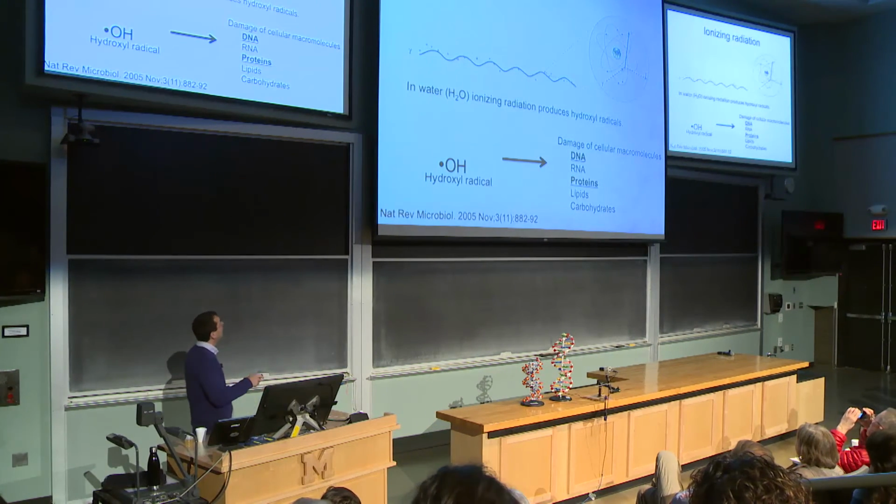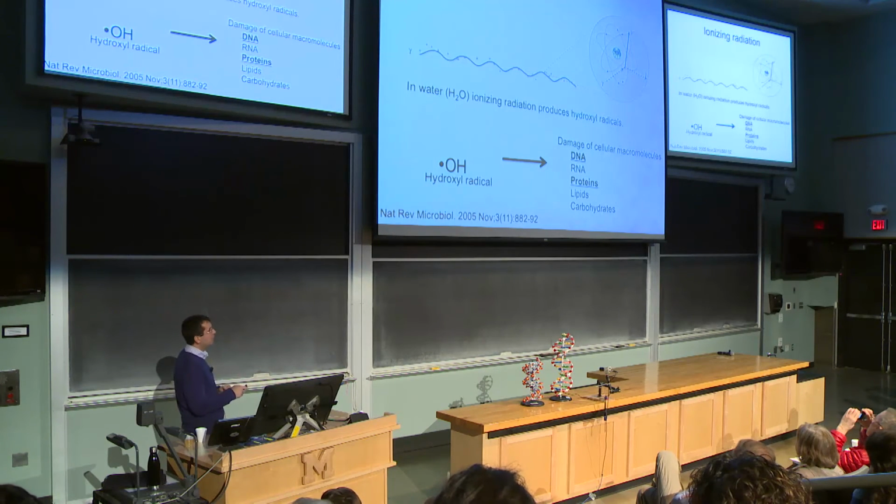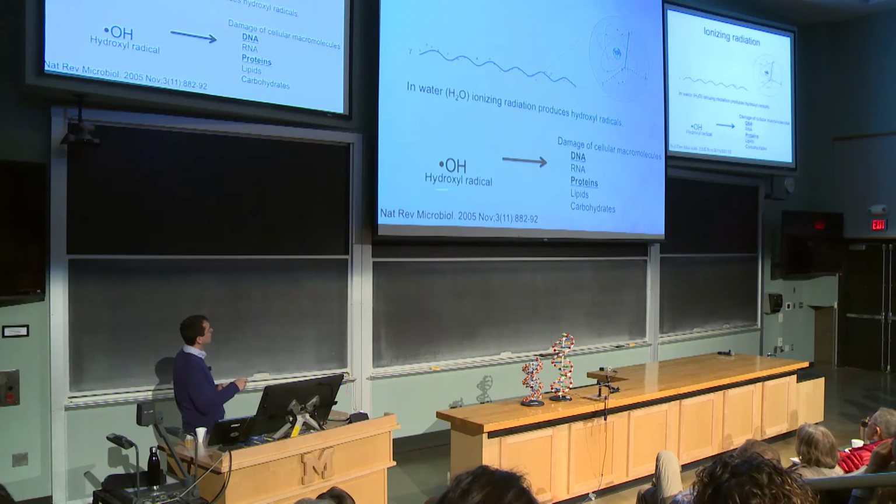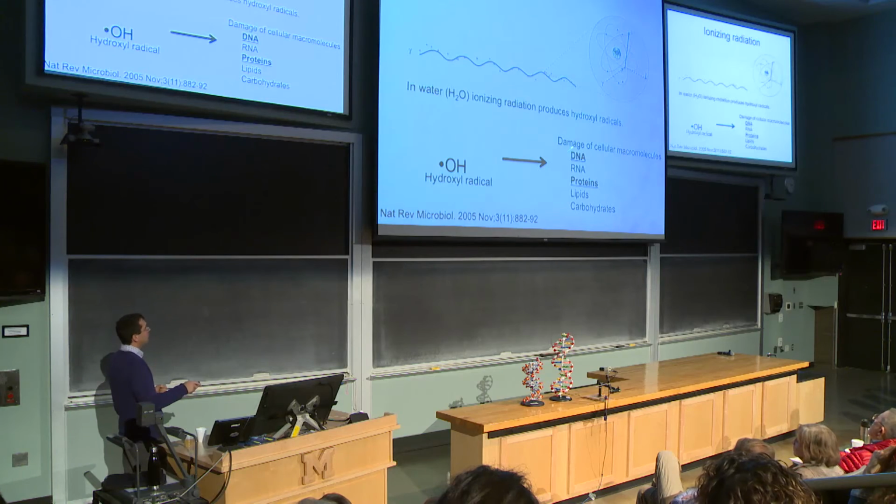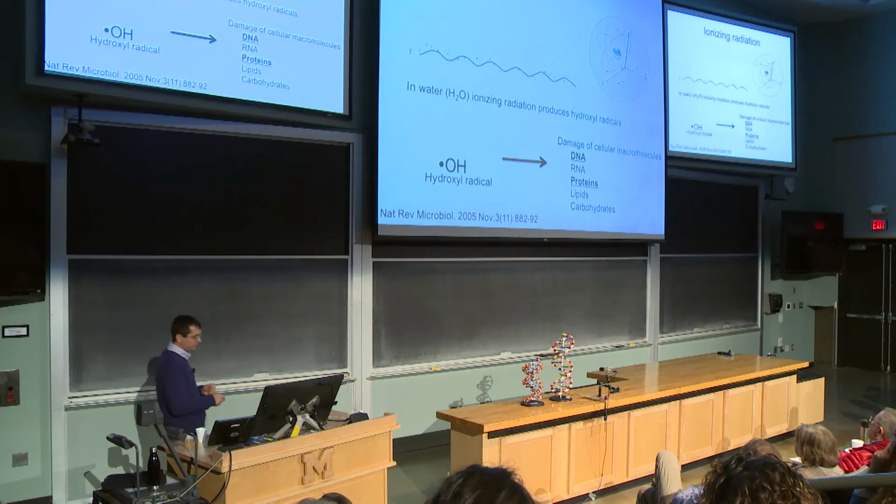Electrons react readily with water, and they will form hydroxyl radicals. And it is this hydroxyl radical that can damage cellular material. It can damage DNA, RNA, proteins, lipids, carbohydrates. And we're going to focus on the damage of DNA and proteins.